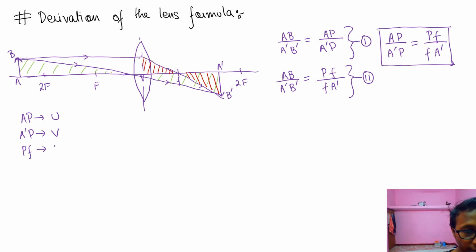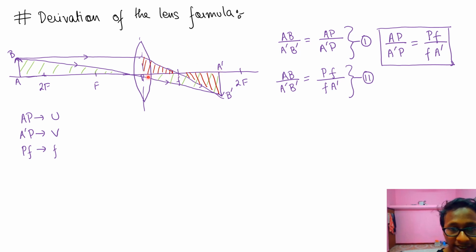And here, F A dash is nothing but this entire distance minus focal length, or V minus F.